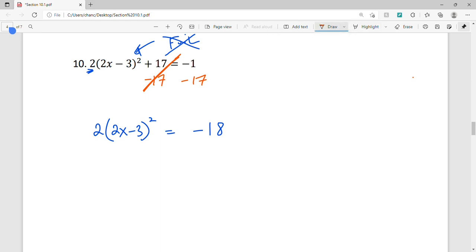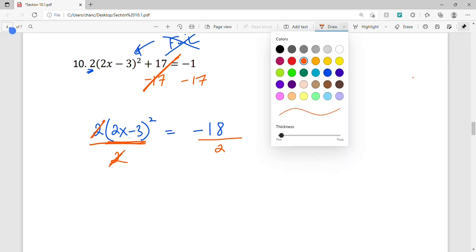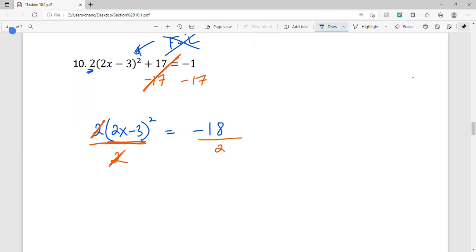We might be tempted to take the square root of both sides, but we need to isolate this 2x minus 3 first, so I'm going to choose to divide both sides by 2. And that will get rid of that 2 in front of those parentheses. This simplifies to (2x minus 3) squared equals negative 9.